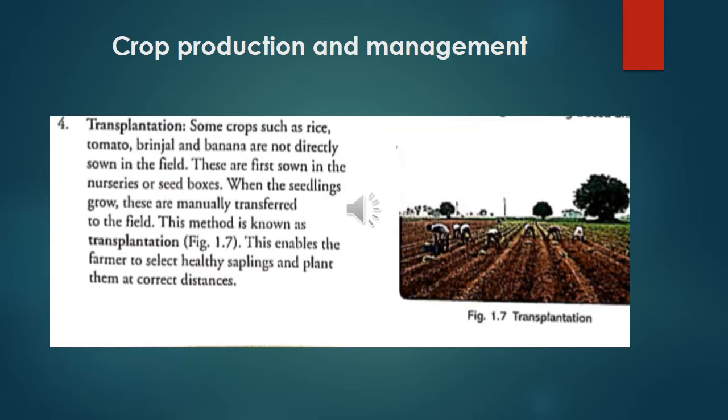When the seedlings grow, these are manually, means by hand, transferred to the field, and this method is known as transplantation. This process is very useful because it enables the farmer to select the healthy sapling and plant them at correct distances.